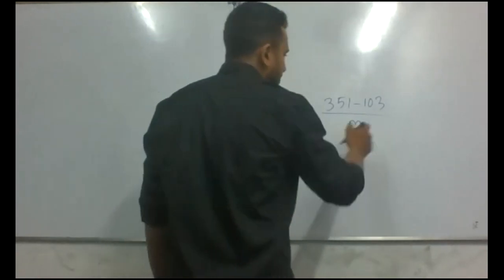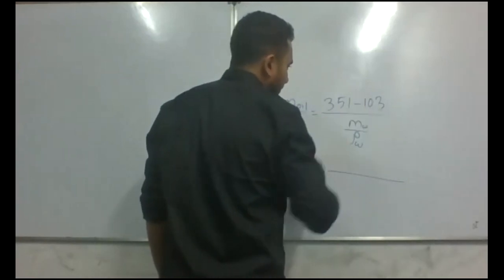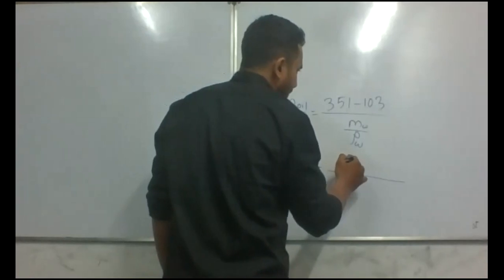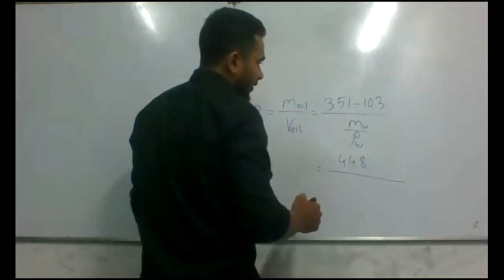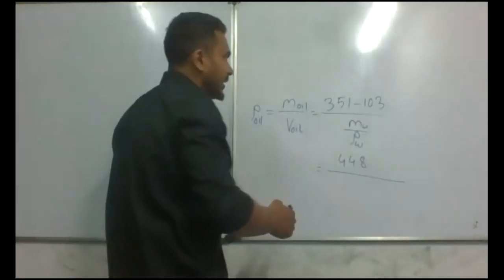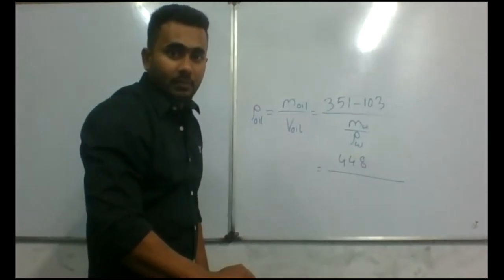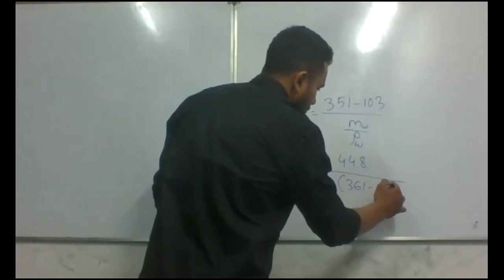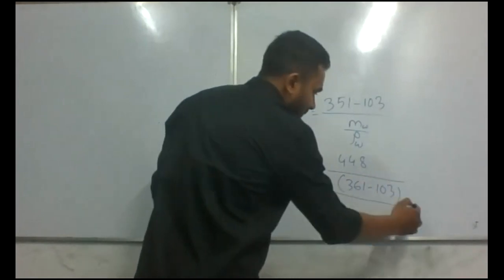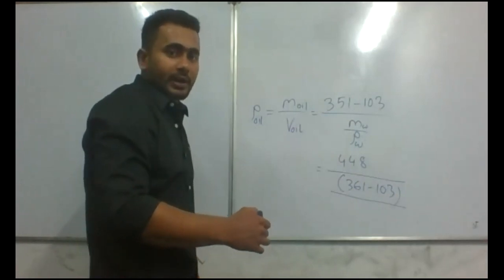Here, so mass of the oil, আমরা যদি এবার একটু এখানে বসিয়ে দিই ভ্যালুগুলো, খেয়াল করেন 351 minus 103 is nothing but 248. It is 248 divided by mass of the water, mass of the water ছিল 361 minus 103, আমি পুরোটাই লিখতেছি 361 minus 103, right? And divided by density of the water is given as 1 gram per cm cube.